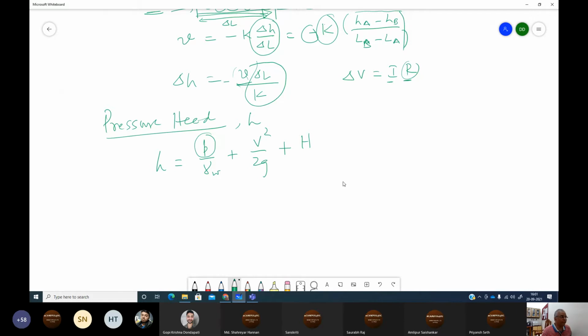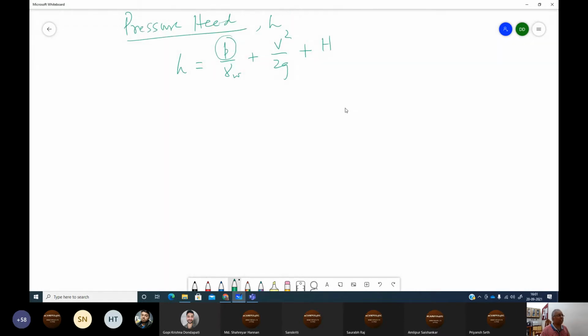So for a laminar horizontal or vertical flow, or we call it a linear flow, either horizontal or vertical, we normally write Q, that means the quantity, is minus K A, where A is the cross-sectional area, into dH by dl.